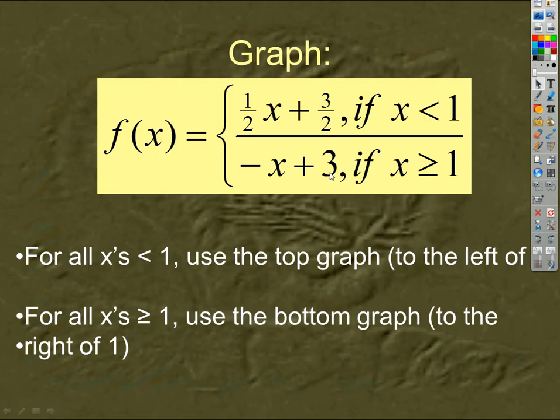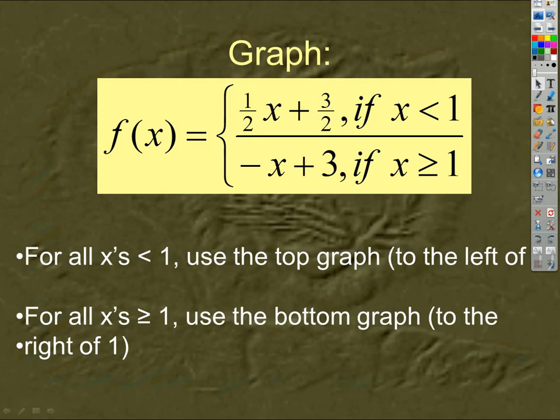Get that idea? So there are actually 2 lines that are going to get graphed, but for the top line, we're only going to put our pin down, so to speak, for values of x less than 1. That's where that top line stops.